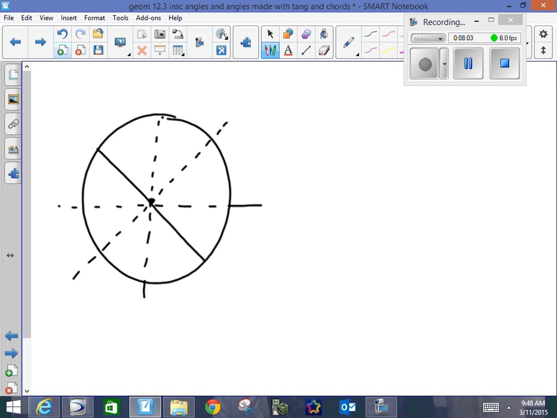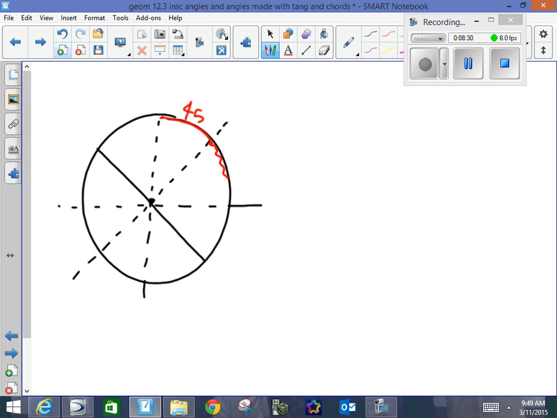Would that be close to half? So what I want to do now is figure out, from all the dashed lines and the fact that we got 360 to work with, and the half, all the arcs. So what's the measure of this arc? Assuming this is half, 45. That's 45.